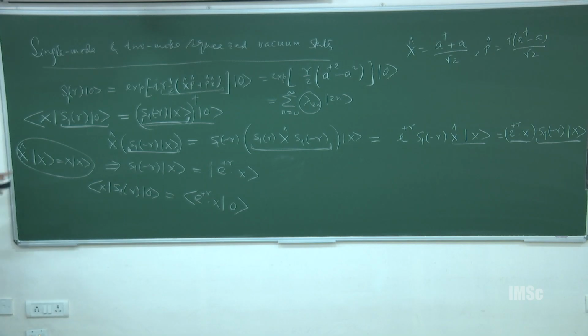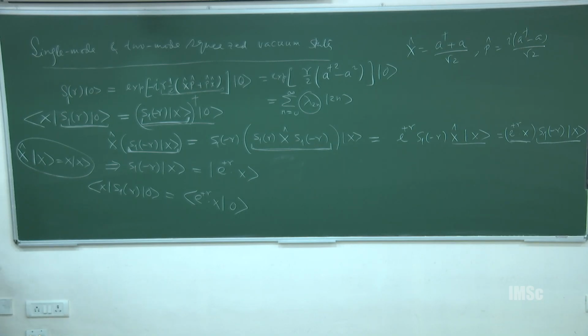Yes, so this is a dimensionless operator. So that is why I have been denoting it by capital. Every time I am denoting it by capital. This is operator, this is eigenvalue. Oh, you have just written e to the power r x and taken it inside the ket. Yes.